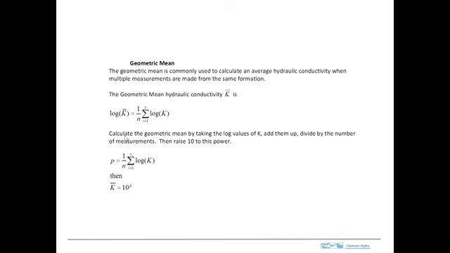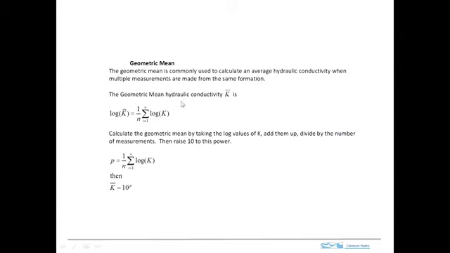We saw earlier in the class that if the system is layered, we might average the hydraulic conductivity using one method parallel to the layers and one method perpendicular to the layers. But in this case, we're not really sure about that, and so an alternative approach that's often used for averaging different values of hydraulic conductivity is the geometric mean.